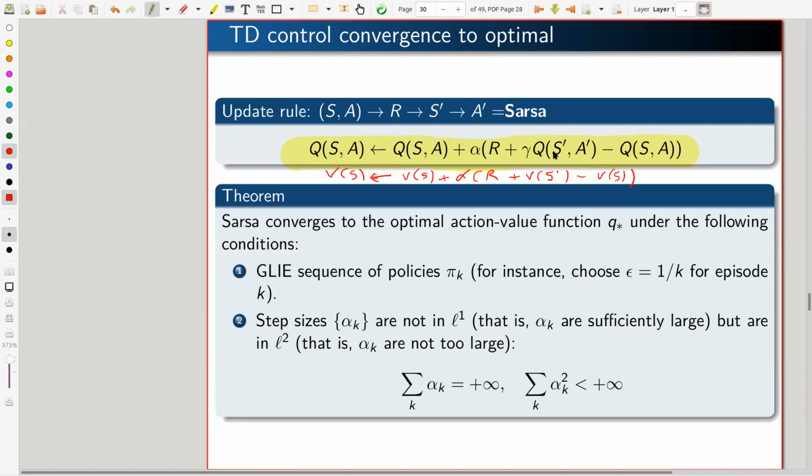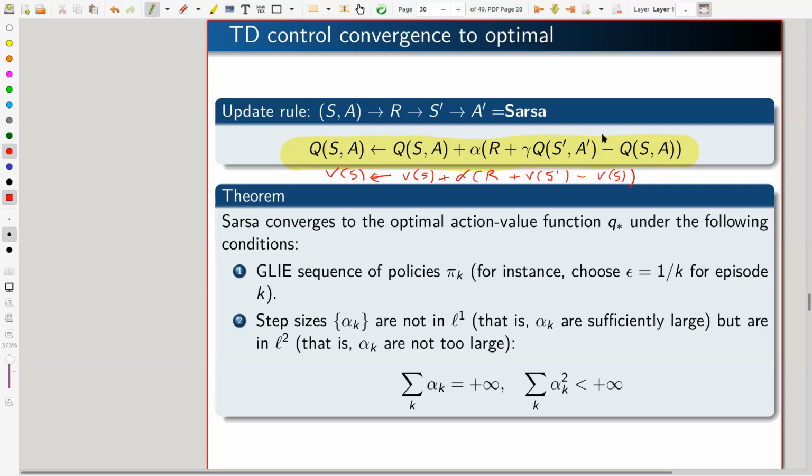And now the only thing is that when I reach the next state S prime, in order to use the previous estimate, I need to have also one action, okay? So if I choose this action with the policy I'm evaluating, I obtain the evaluation rule, the prediction part.